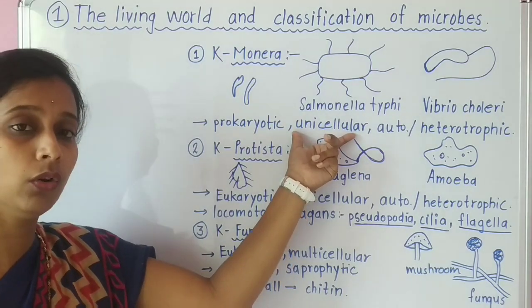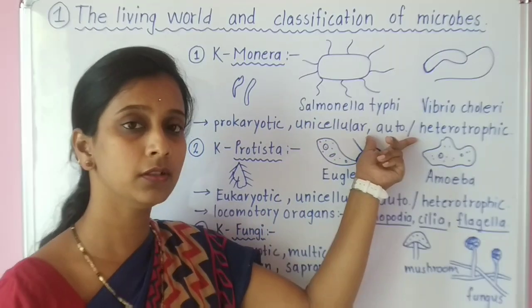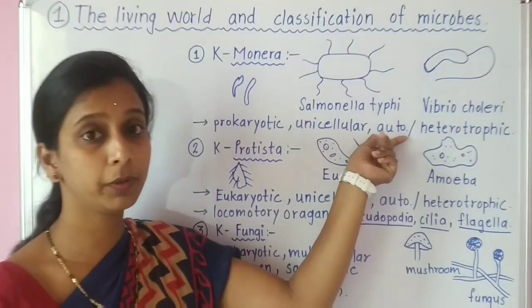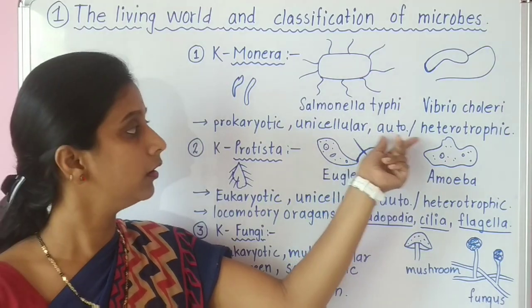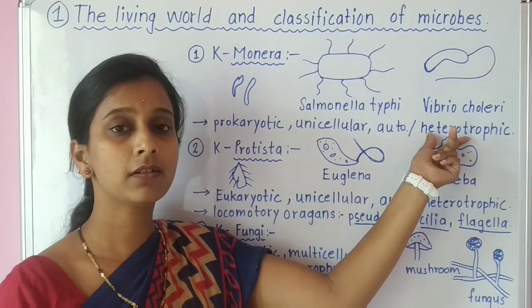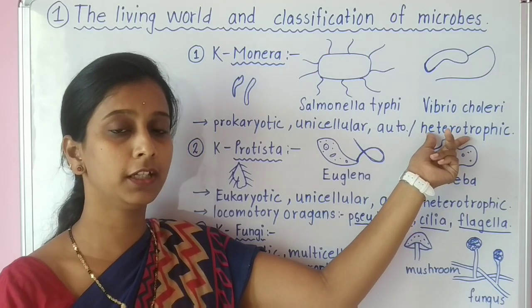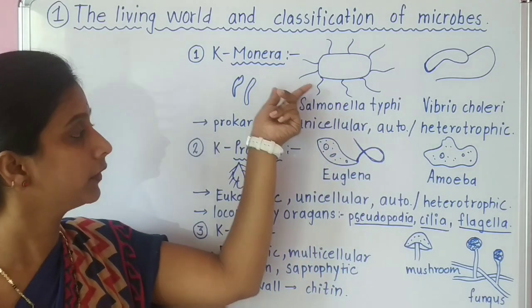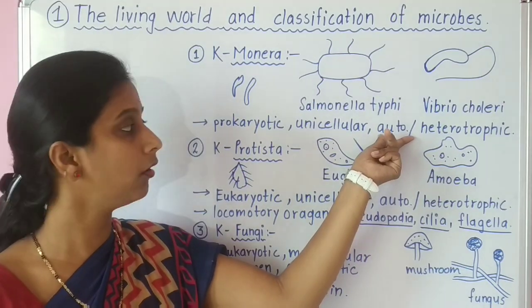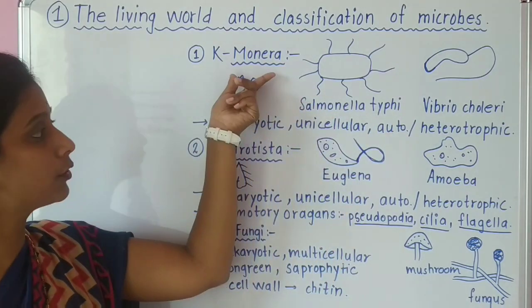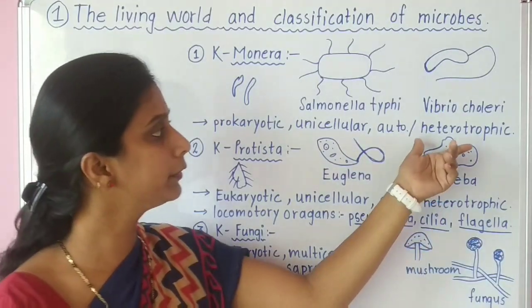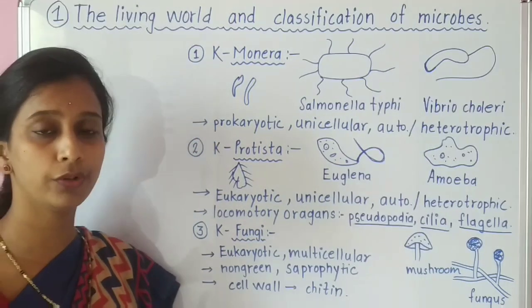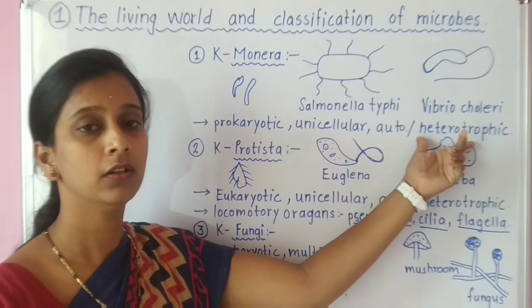And all organisms are either autotrophic or heterotrophic. Autotrophic means they can prepare their own food, and heterotrophic means they depend upon another organism for getting food. An example of autotrophs is blue-green algae. The two harmful bacteria are present in the bodies of humans, so they are heterotrophic organisms.